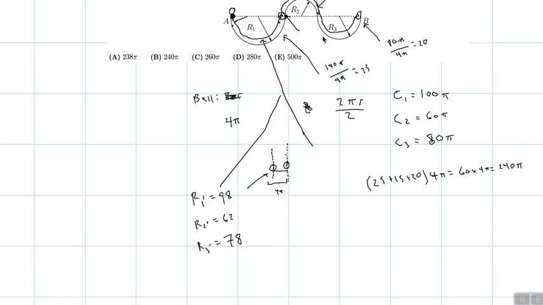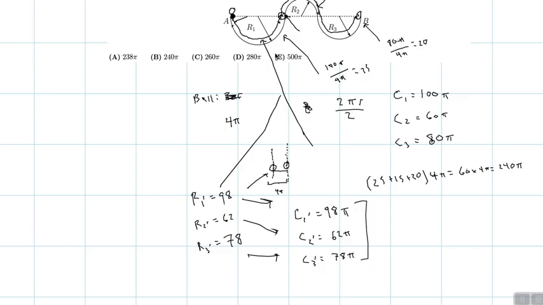So therefore, the new semicircles are going to be C1 prime is 98 pi, C2 prime is 62 pi, C3 prime is 78 pi.